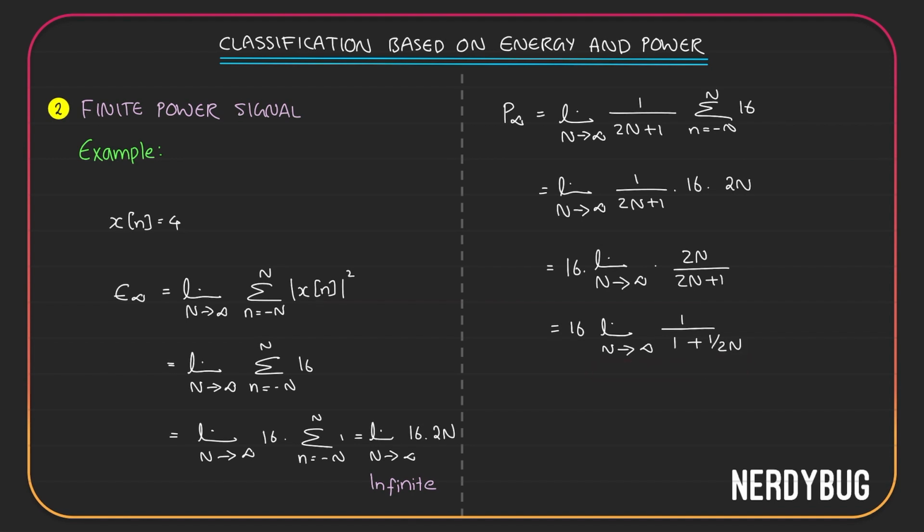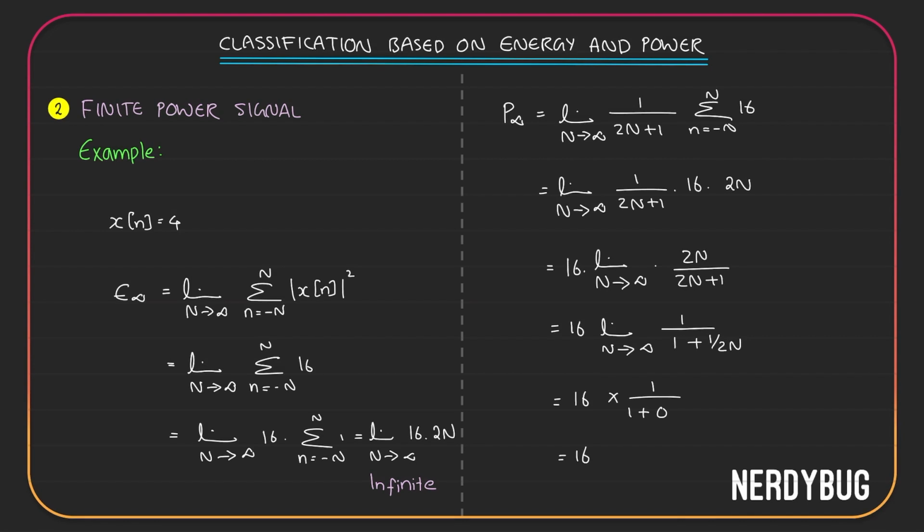Limit n tends to infinity 1 by 1 plus 1 by 2n. What happens to 1 if n tends to infinity? Nothing. 1 is still 1. What happens to 1 by 2n? n is a huge value which tends to infinity. So this whole thing becomes 0. So I can simply write this is 16 multiplied by 1 by 1 plus 0, which is just 16.